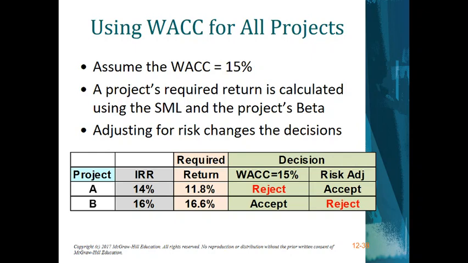And so here you've got project A, and the required return when considering beta is now 11.8%, which is below the WACC.